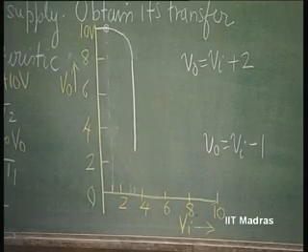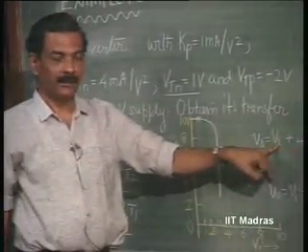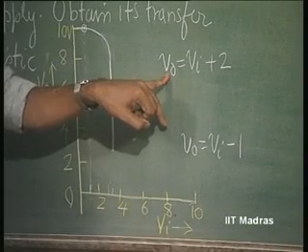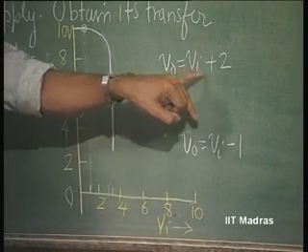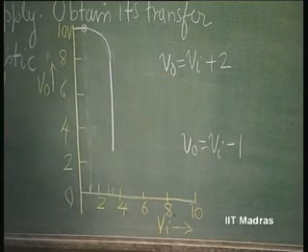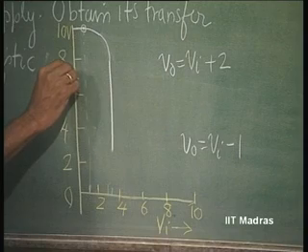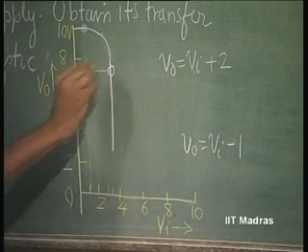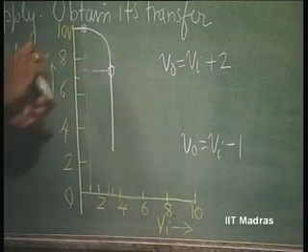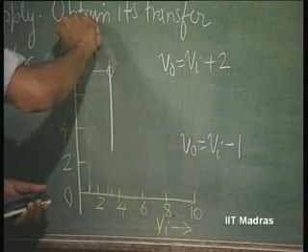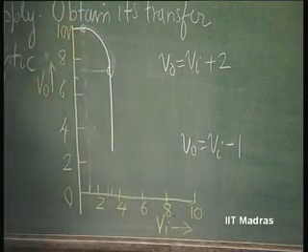So, if Vi is equal to 3.33, then the voltage at which this transition takes place is V naught equal to 3.33 plus 2 volts, that is 5.33. So, you can see that from that point to this point, it is going to be a nonlinear curve.